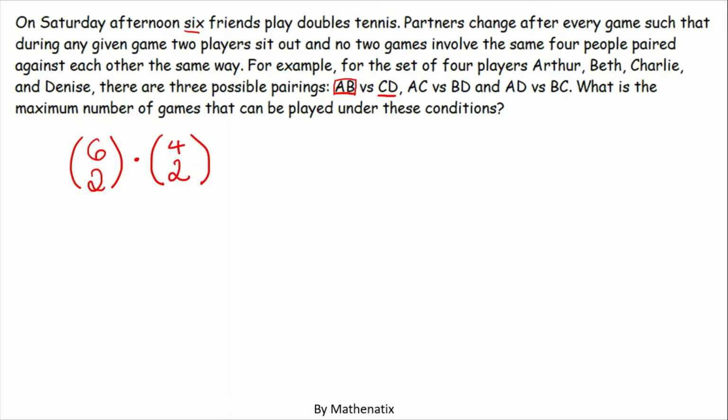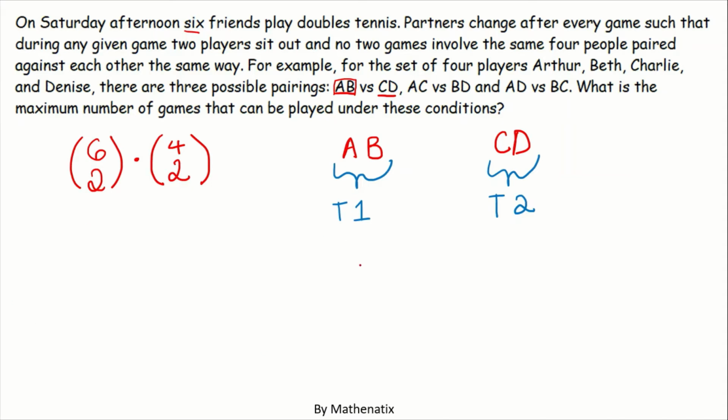Now again, this may seem like we're done, but there's something we have to think about. Let's try and visualize this. Let's say we chose our first team, and in the team we chose person A and person B. So in team 1, we have person A and person B, and in team 2, we have person C and person D. Now, let's think about what would happen if we instead chose person C and person D first, and person A and person B second.